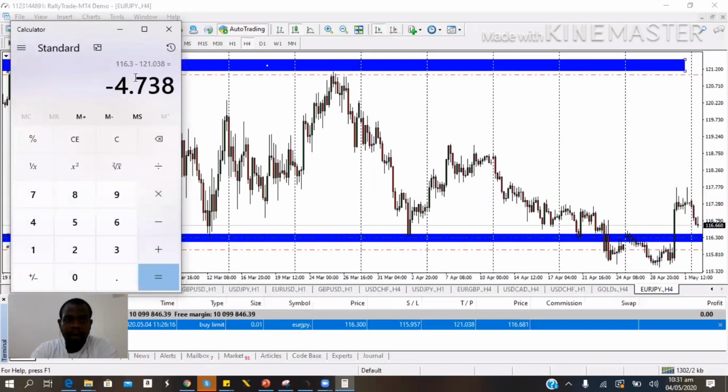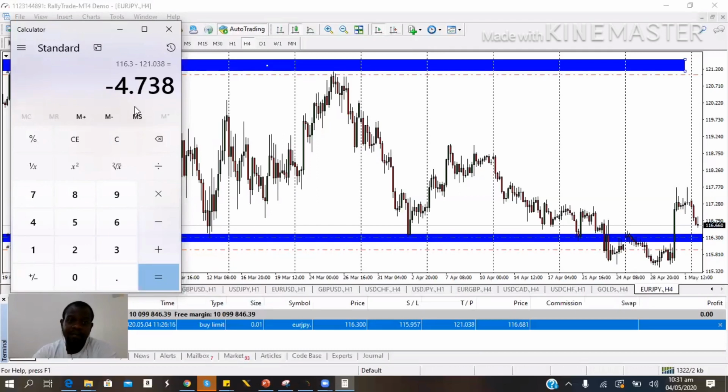Remember, our tens start from here, while our hundreds is the whole number. So that means we are aiming for 473.8 pips for a dollar account, and I have this 0.01. So I would have gotten up to $40, $473 for a 0.01 lot size.